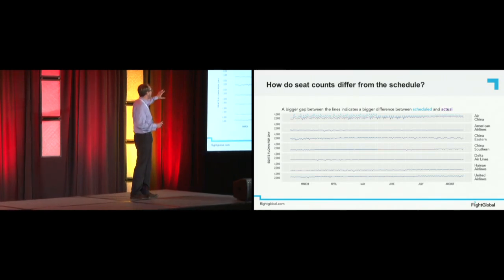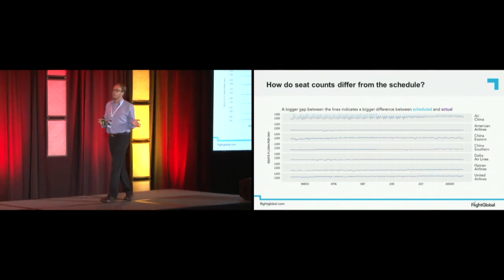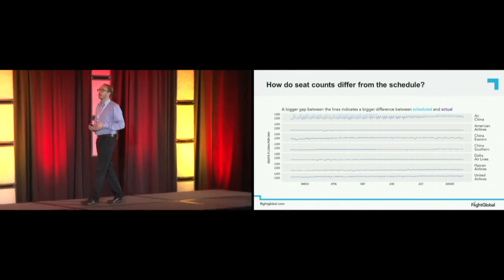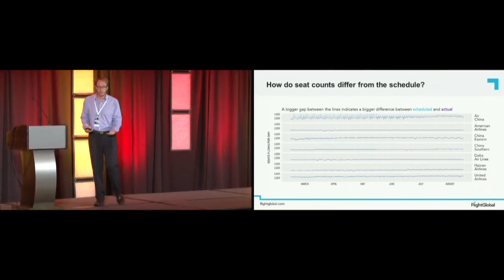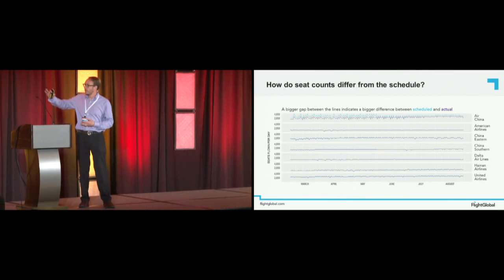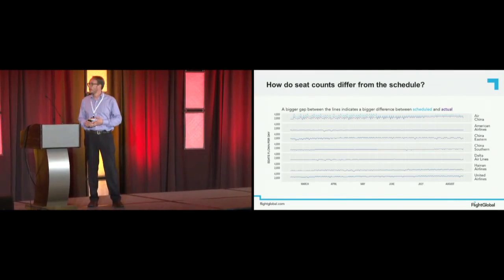So to explain what we're looking at, the light blue line is what the schedule is showing. If you were forming some calculations based on what's included in the schedule, you'd be operating off that light blue line. And then the purple line is what actually flew.